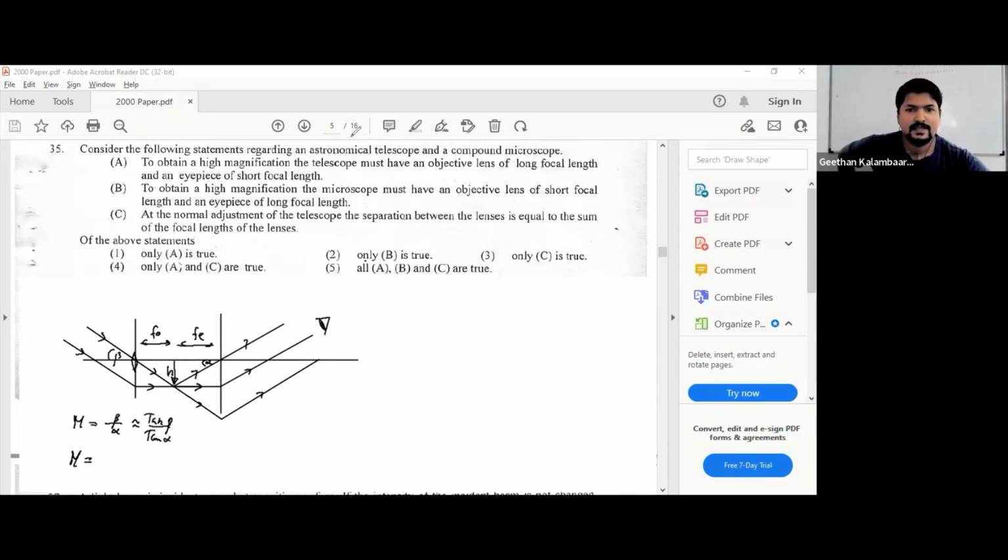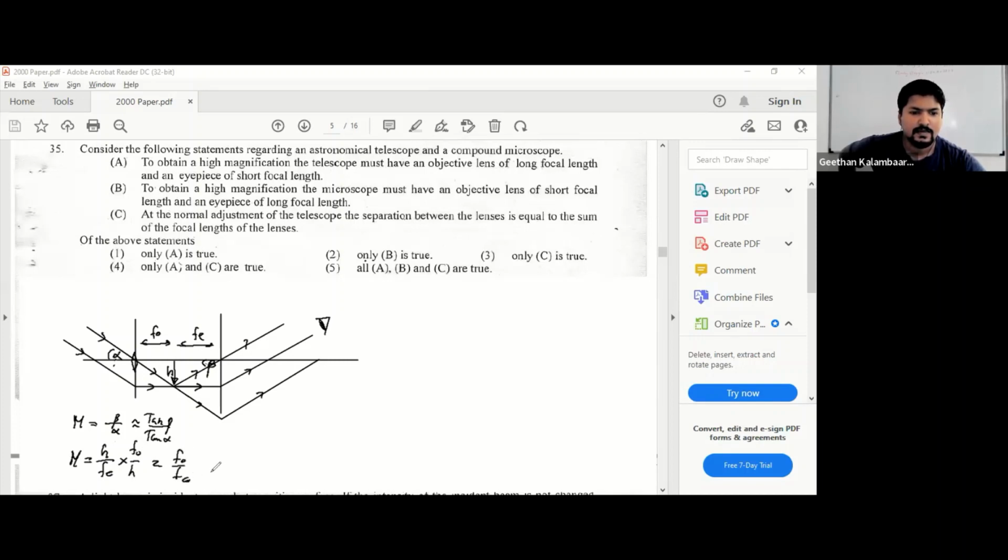When you look from the naked eye, what you see is alpha, and when you look through the device, it is beta. So the angle with the naked eye is alpha, and with the instrument it is beta. So it's H over FE divided by H over FO, and what you get is FO over FE.